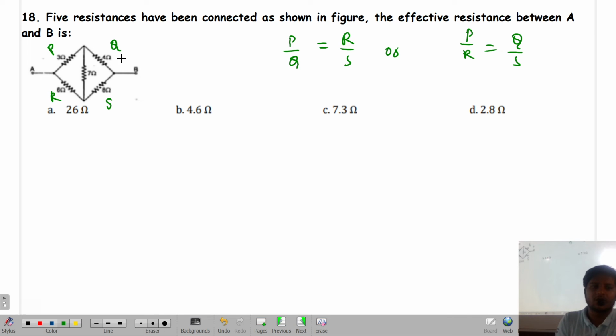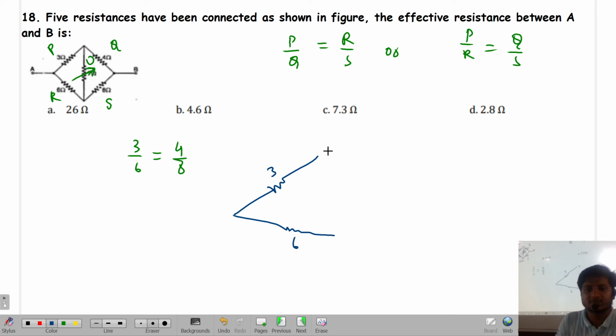Either P by Q equals R by S, or P by R equals Q by S, either vertically or horizontally. So 3 by 6 is equal to 4 by 8, that is 1 by 2 and 1 by 2. That means it is a Wheatstone bridge. The current through this 7 will be how much? Zero. So the connection I get is 3, 6, 4 and 8.